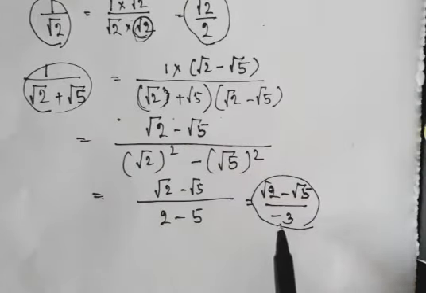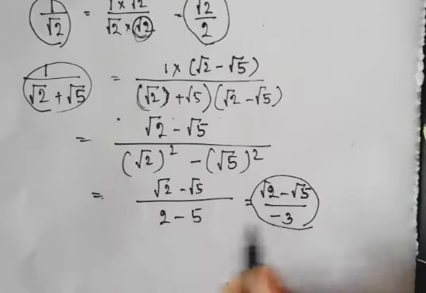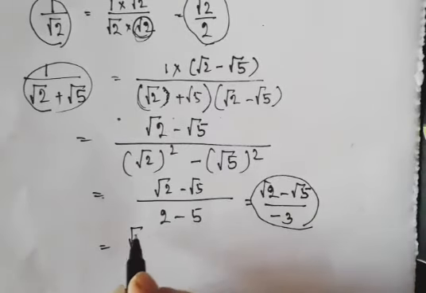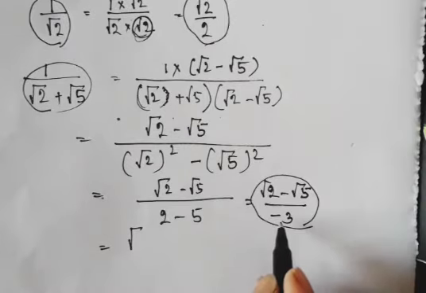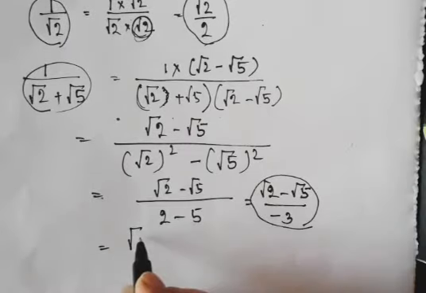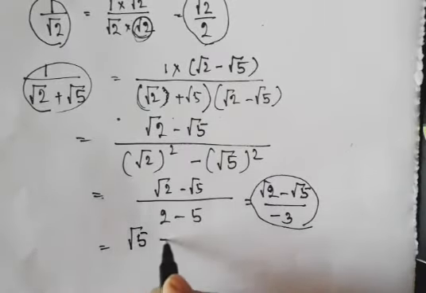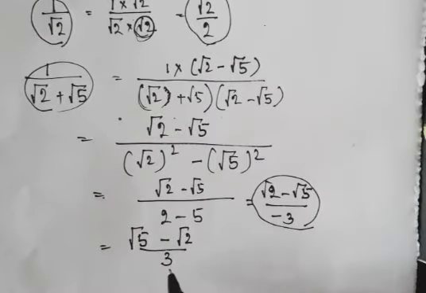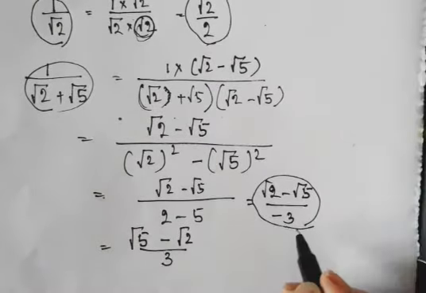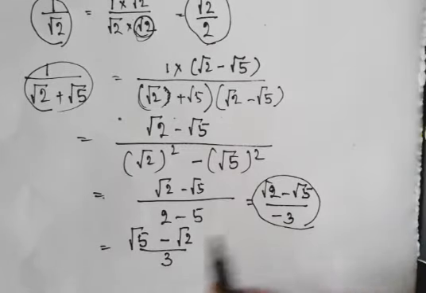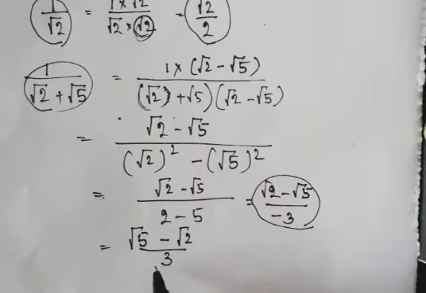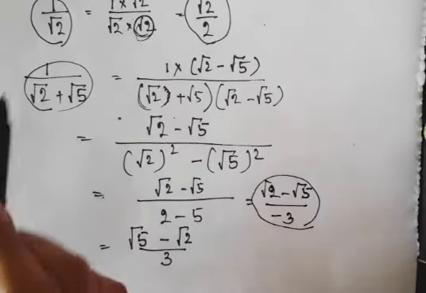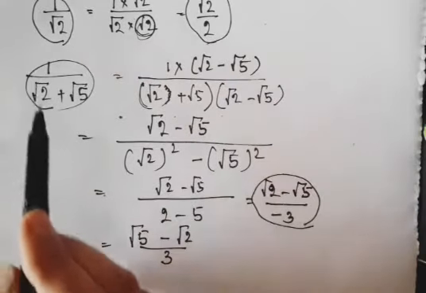We can also write this with a positive denominator, but it is not mandatory. We can leave it like this. Because the denominator is rationalized, but with a negative denominator it is better to express with a positive denominator. So we have seen here by taking one term, two terms.